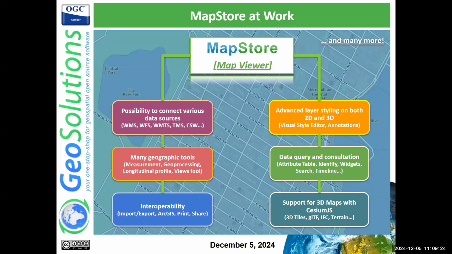For sure, there is the possibility to connect to various data sources for both 2D and 3D, where an advanced styling system and annotation capabilities allow you to create fascinating maps.